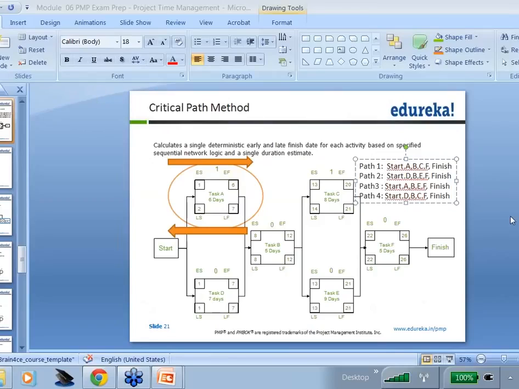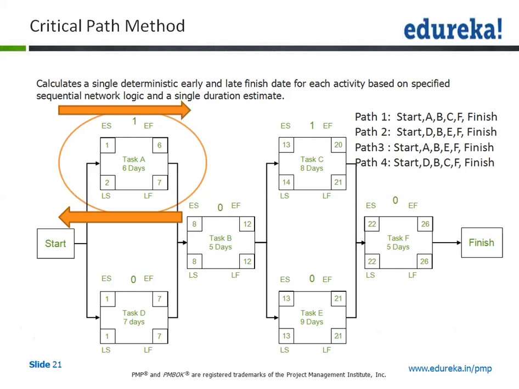Okay. So now what you have understood is that in the given network diagram, I have created four options to give you an idea of how the critical path is going to be calculated. There are four different paths we have to pass through to reach the finish stage.